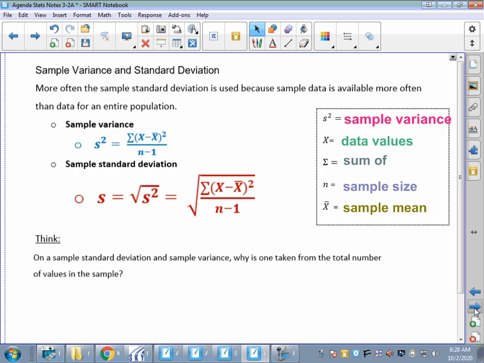On a sample standard deviation and variance, we take 1 away from our sample size. Notice it's divided by n minus 1. Kind of a big deal, because we have to account for any room for error, if we've got a little sketchy sample, things like that. So we are always going to take 1 away from our sample size.